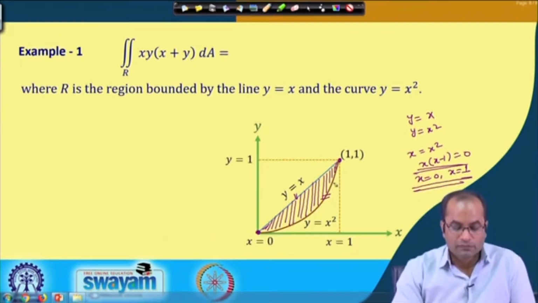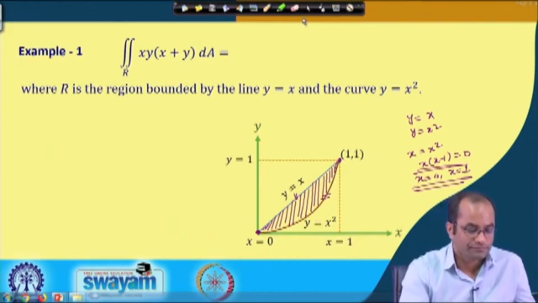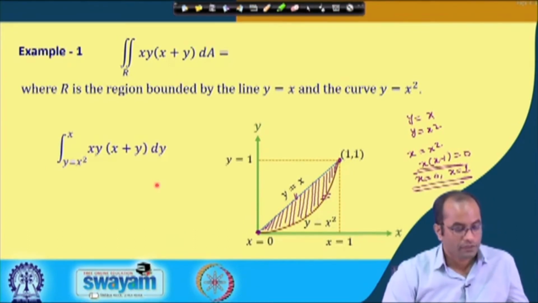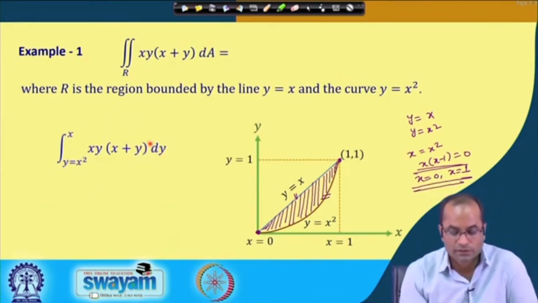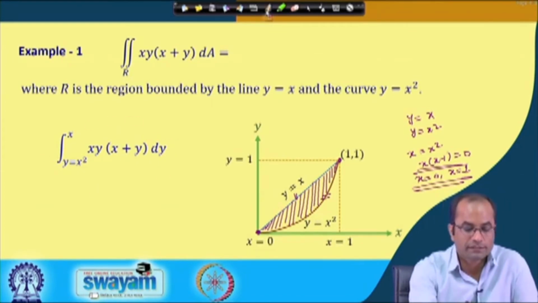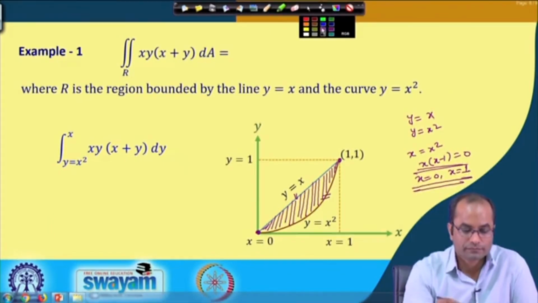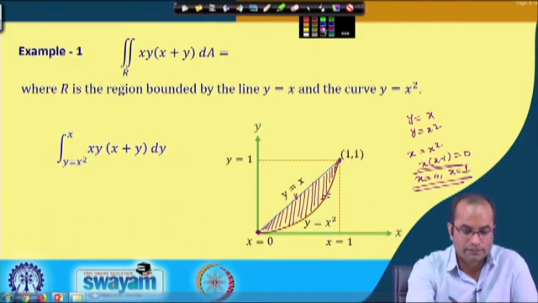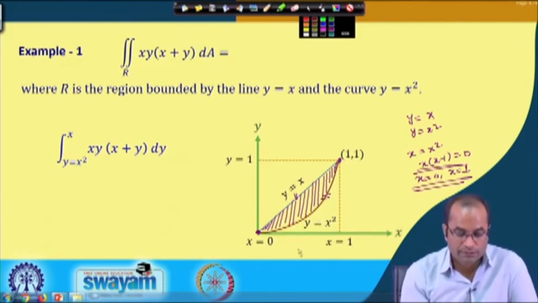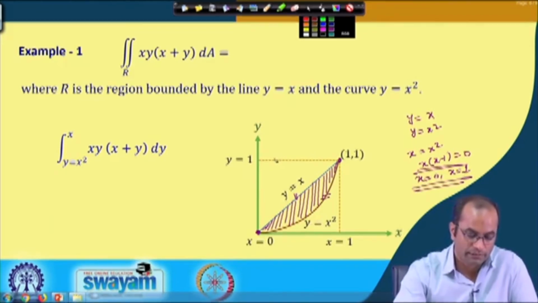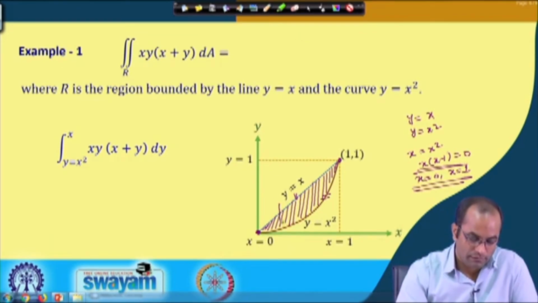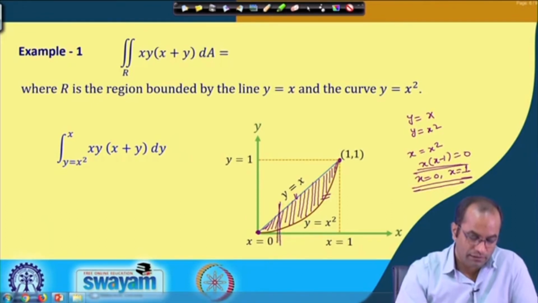Having this, we now have the possibility that we first take the integral with respect to y. So, while taking the integral with respect to y, we will draw a line here parallel to the y axis. So, this is the line.